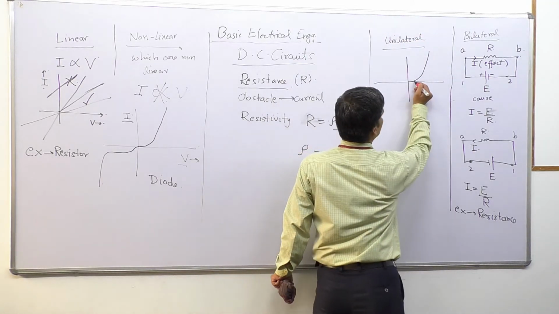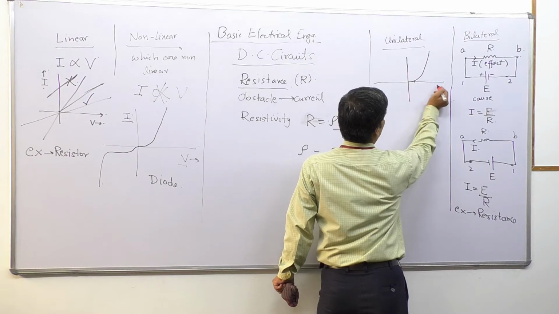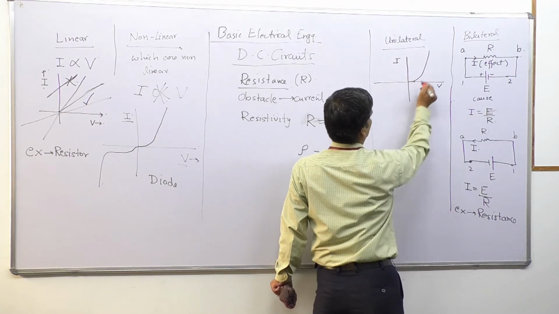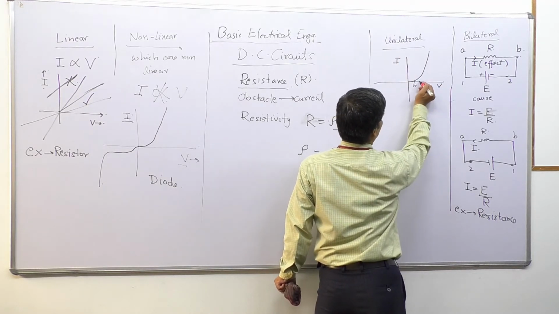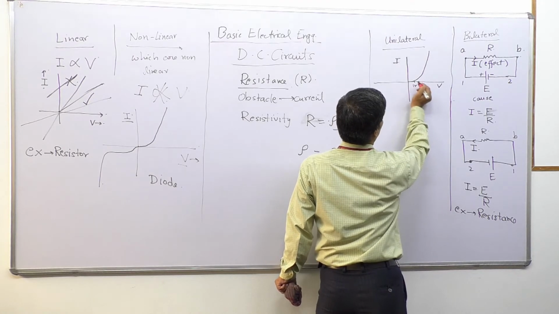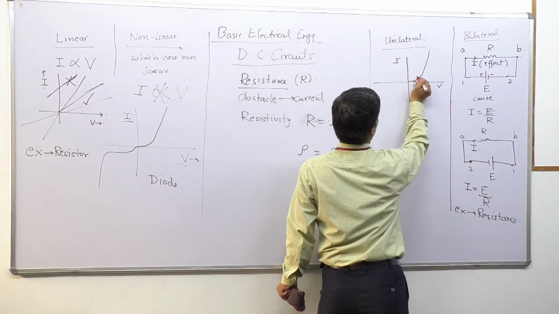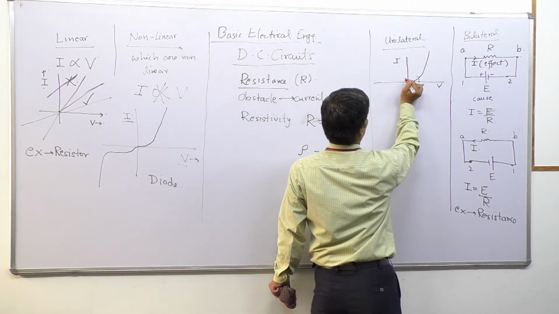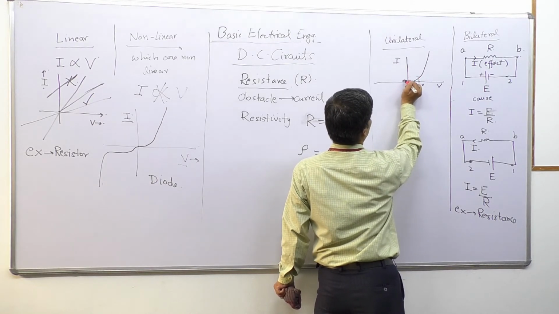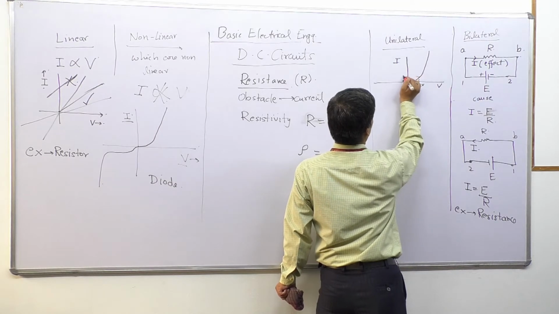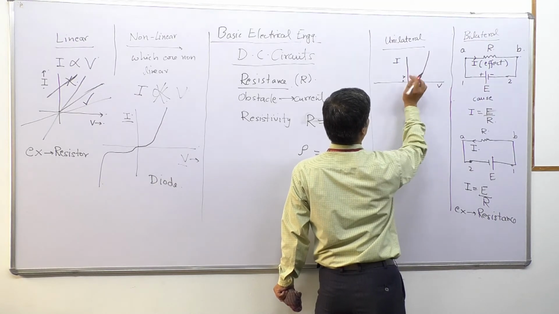Let us say we have V and I. This point is for 1 volt, this is for 2 volt, the corresponding current is 5 ampere, and this is 10 ampere.